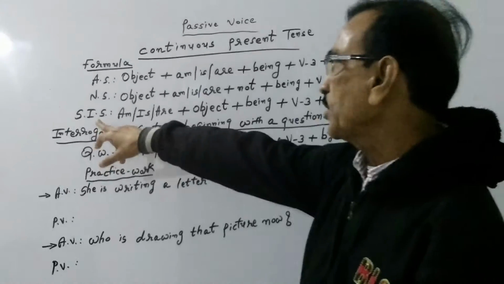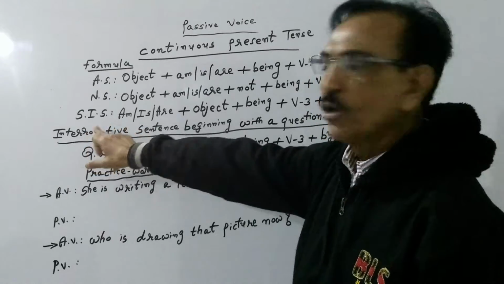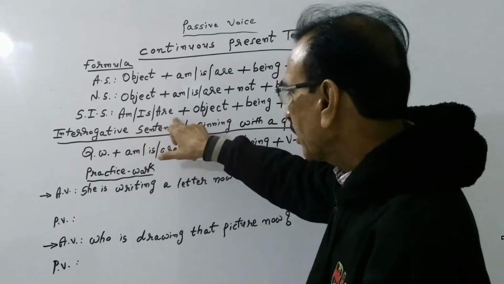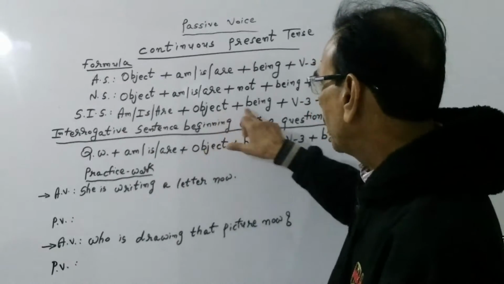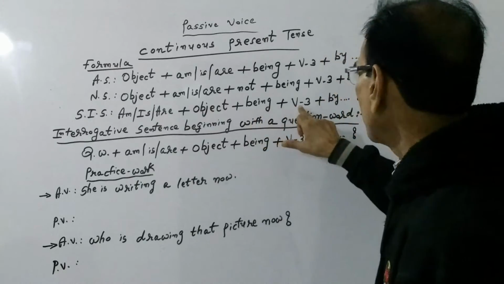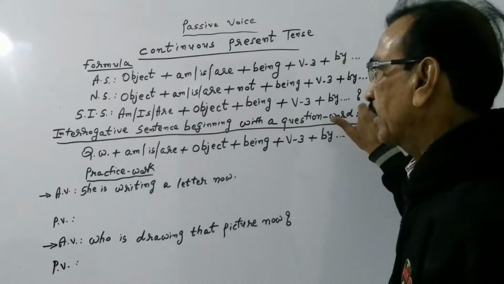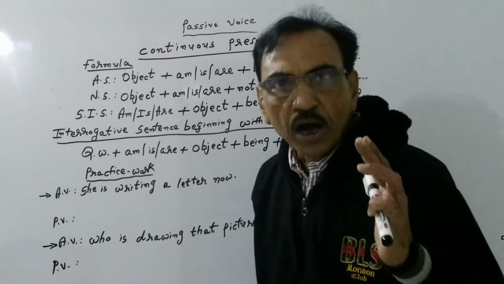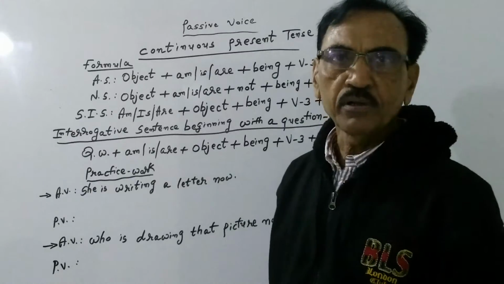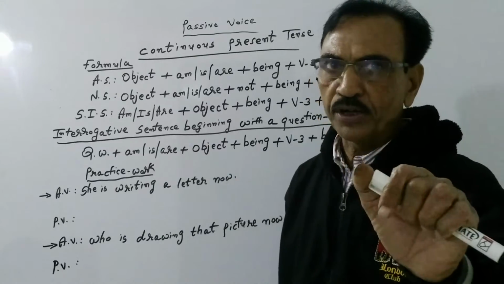Now the third one is the simple interrogative sentence. In the beginning we have to write am/is/are as per the object, then we write being plus V3 plus by plus question mark. Are you writing a letter at present? This is simple interrogative, friends.